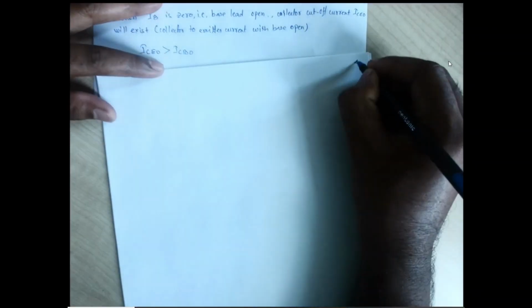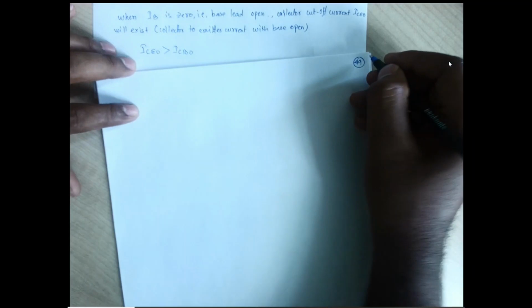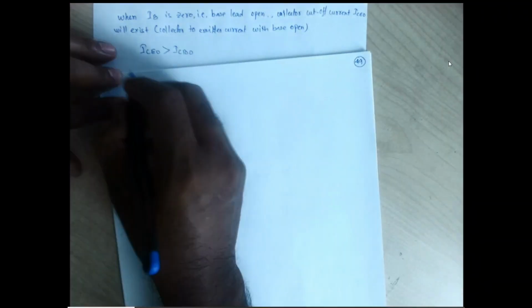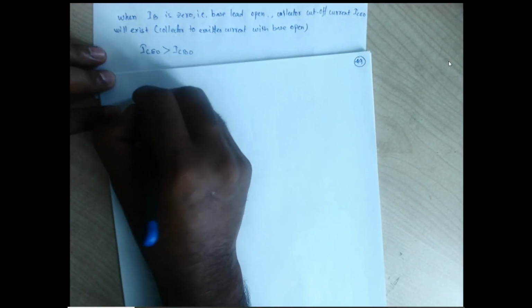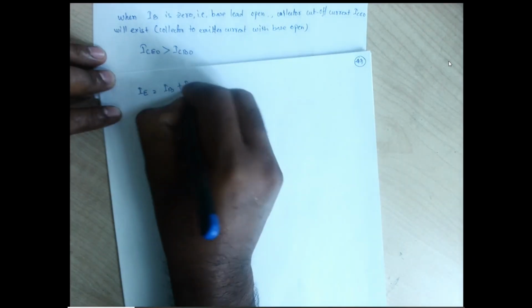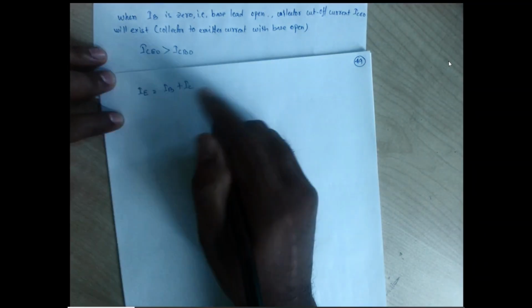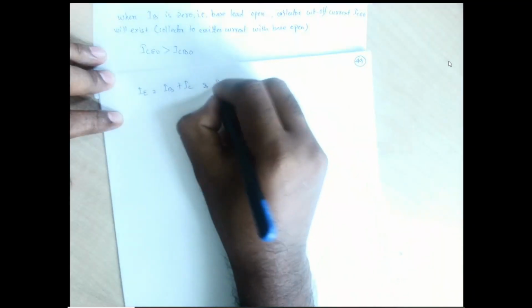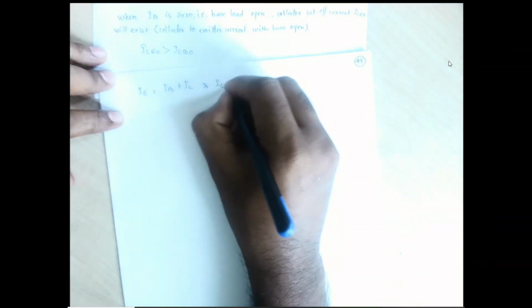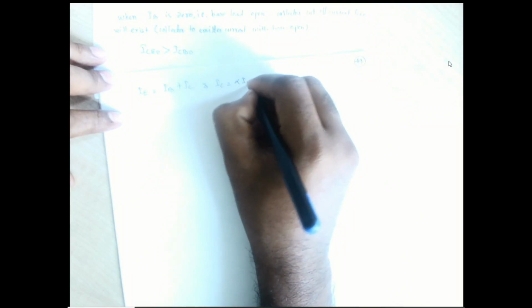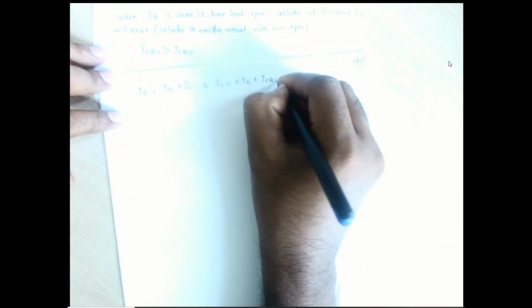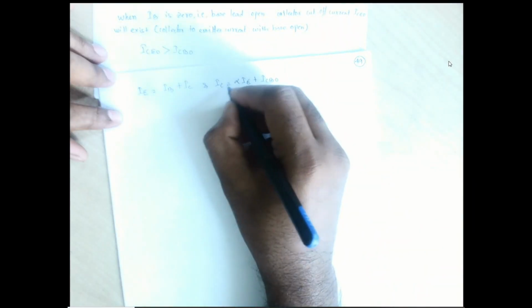Okay. So by taking this concept, let us derive the current equation. What we know is IE is IB plus IC, the most general equation of current. And for the CB configuration, IC was alpha IE plus ICBO. IC is a certain fraction of IE plus leakage current.